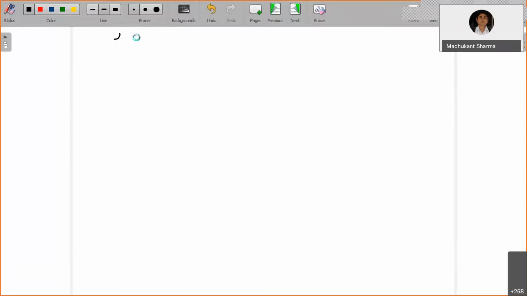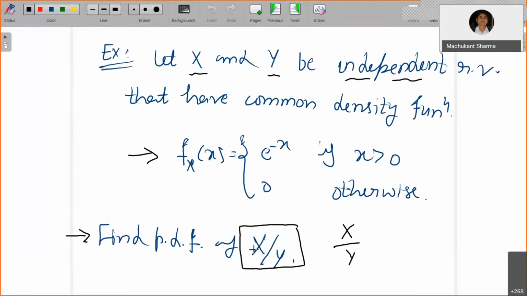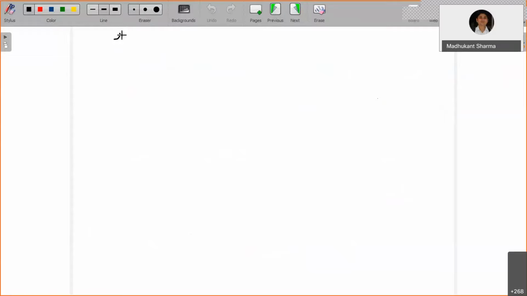Whenever we are asked to find the PDF of X by Y, or X plus Y, or X squared plus Y squared, some function of X comma Y, we first look at the distribution function and then, at the end, use the fact that the derivative of the distribution function equals the density function for a continuous random variable. So we are looking for the density function of X by Y, therefore we look at F of X by Y at some a.